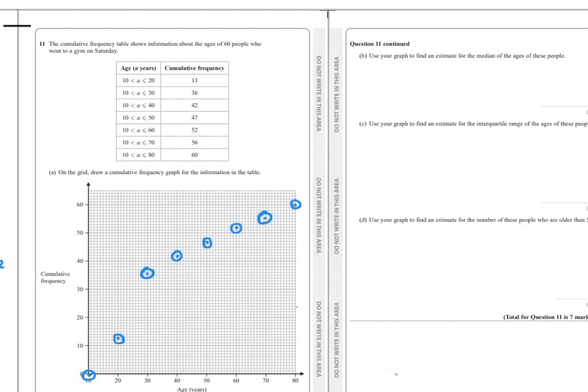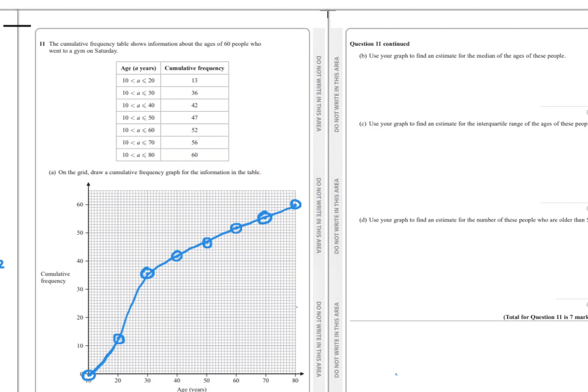Now join them with a smooth curve. So this is the curve.